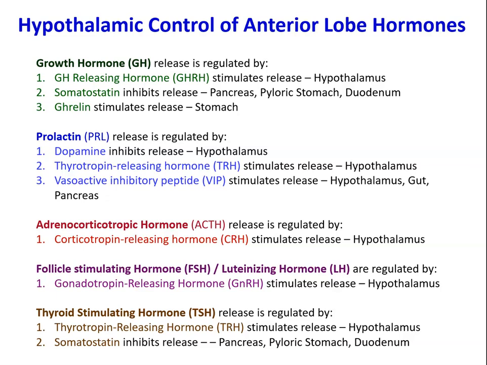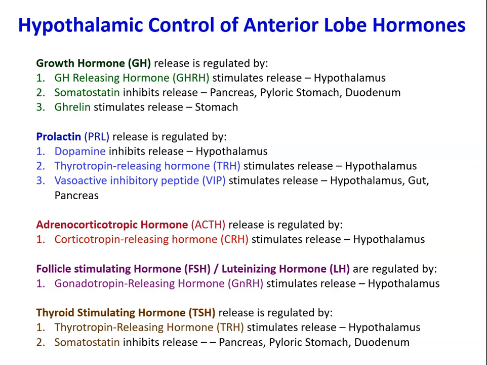ACTH release is regulated by corticotropin releasing hormone from the hypothalamus, which stimulates the release of it, and follicle stimulating hormone and luteinizing hormone made by those gonadotropes are regulated by gonadotropin releasing hormone from the hypothalamus, which stimulates their release.